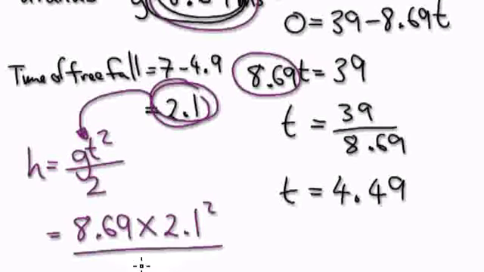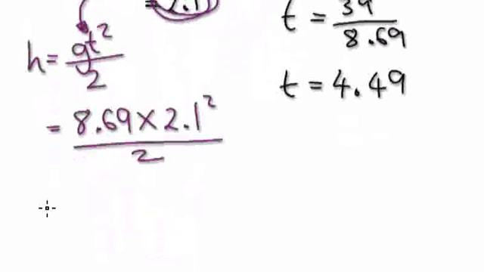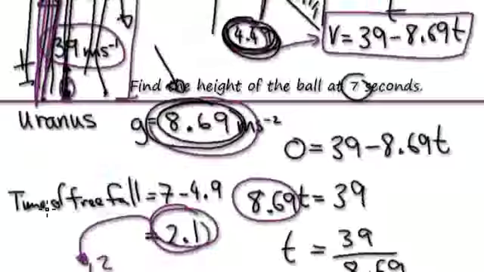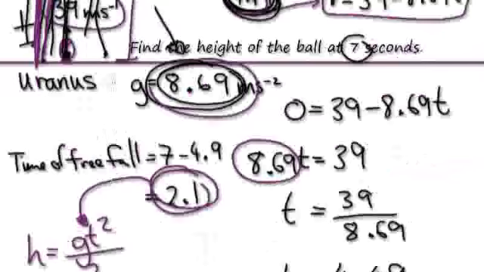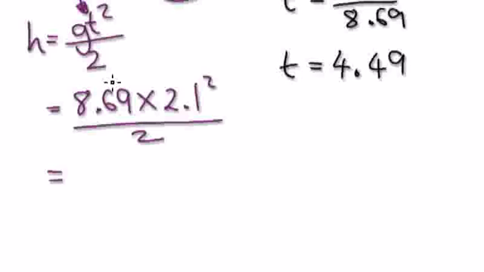Okay, and then we've got to divide it by 2. So this h here represents the distance covered by the free fall. Later on we've got to get the distance of maximum height and then take away this distance here. But let's carry on with working out the distance of free fall.